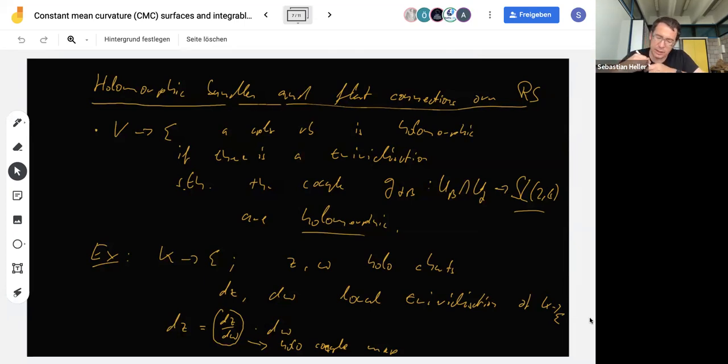And then, of course, as an example, if sigma is compact, then H0, the space of holomorphic sections on the whole Riemann surface, is finite dimensional. And in particular, the dimension of the space of holomorphic sections of the canonical bundle is exactly g, the complex dimension.